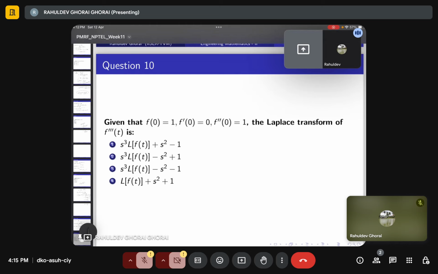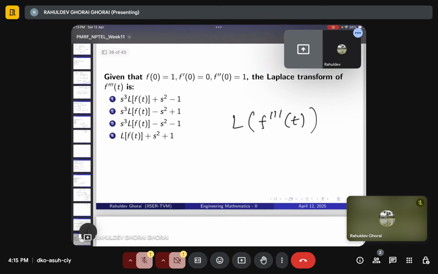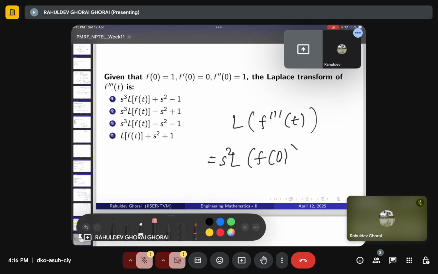Okay, so what you all know is the formula for this. L of s square L of F t. Sorry, F t, not F0. It's the third derivative, right?